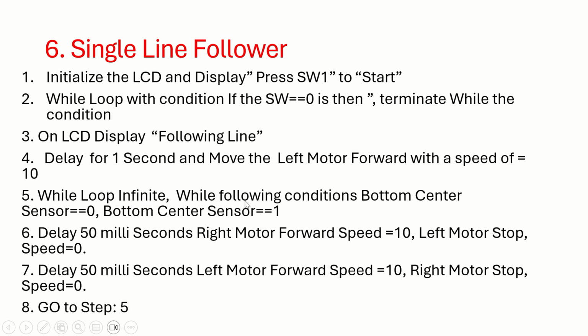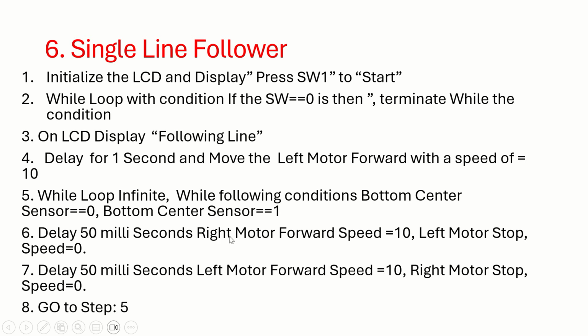Within the infinite loop, we have conditional while loops: one looking for the bottom center sensor equal to 0, and one looking for it equal to 1. That means it is hunting the line 0 1 0 1 0 1, as if you are moving on the line and coming out of the line.